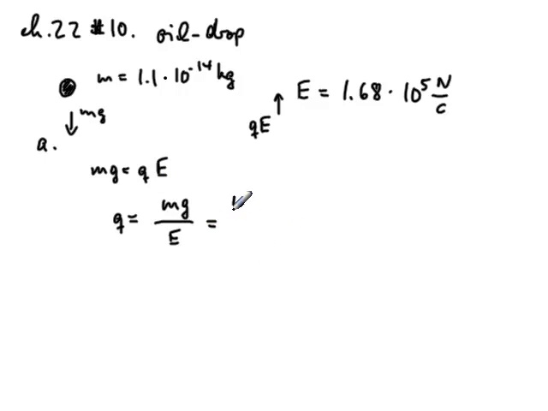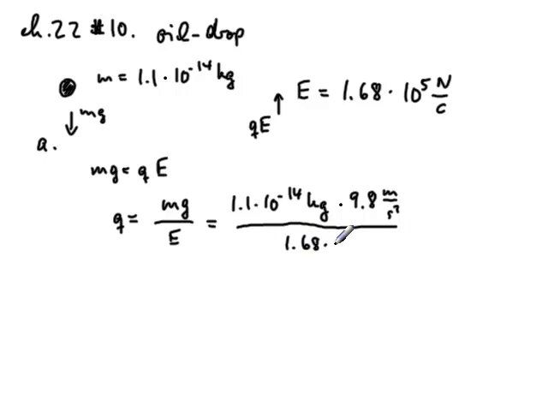The mass 1.1 times 10 to the negative 14. The acceleration due to gravity, I'm going to use 9.8 meters per second squared. It makes it a little bit more accurate than our typical 10, divided by the electric field of 1.68 times 10 to the 5th newtons.